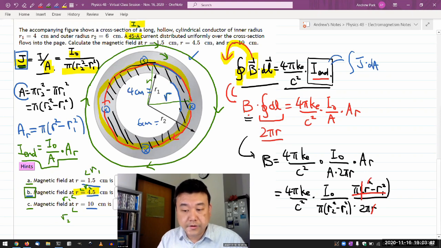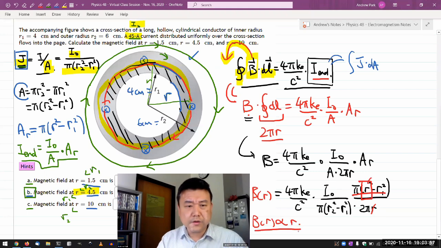So there's one term that goes linearly with the radius. So the magnetic field as a function of r, there's a term that goes as linear. That's a feature you begin to see when you have uniform things, uniform charge density, uniform current density, and noticing that is worth something.